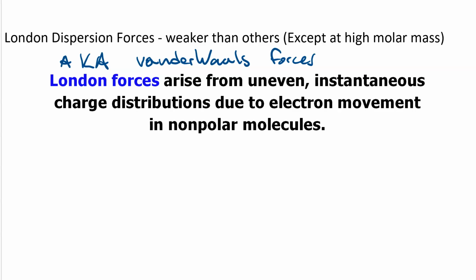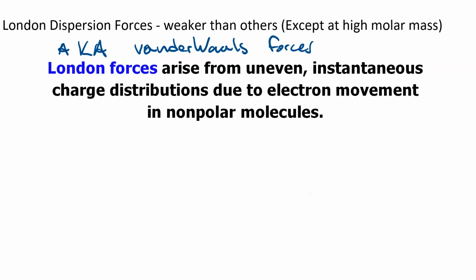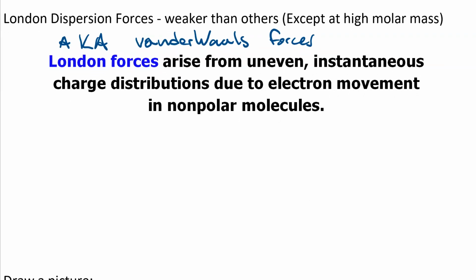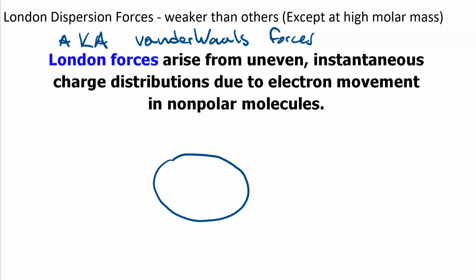So, you get London dispersion forces because all matter has electron clouds, and electron clouds are not static. So say this is the electron cloud of a molecule. I know it's been a long time since art school. But anyway, you've got electrons randomly distributed throughout it, and so there is no charge separation. But those electrons are whizzing around really fast and randomly.